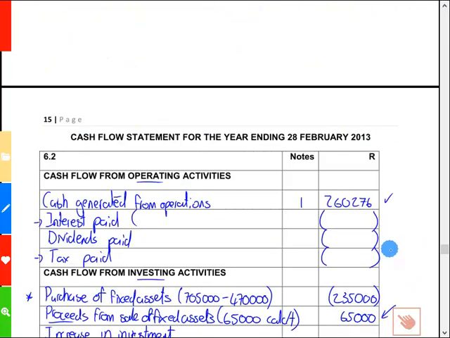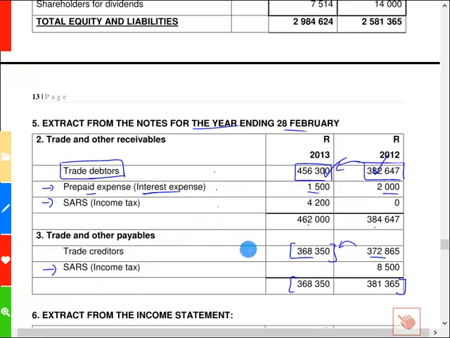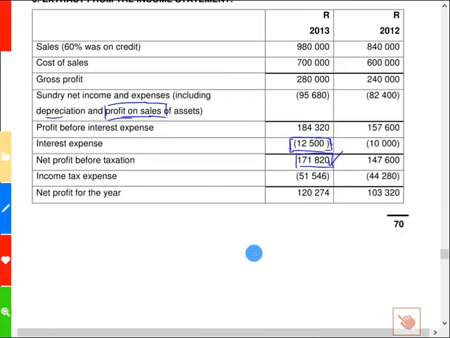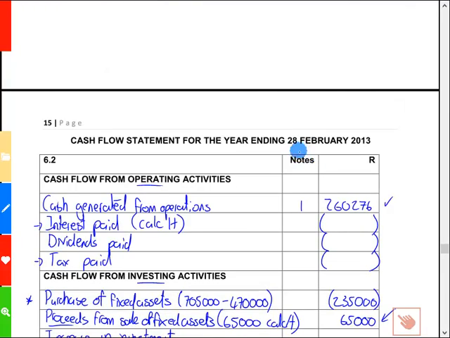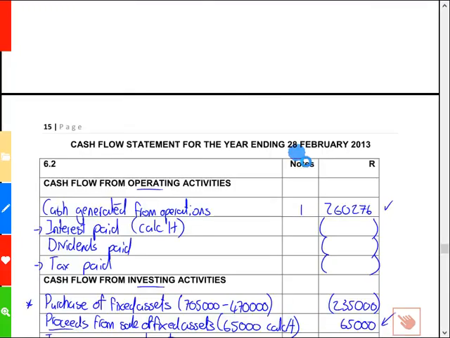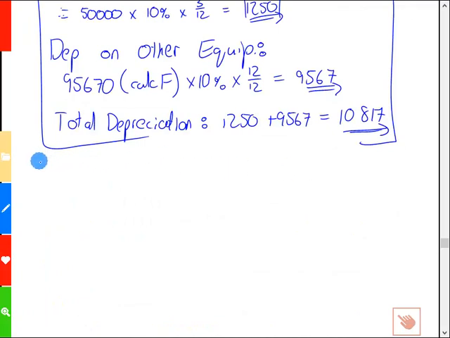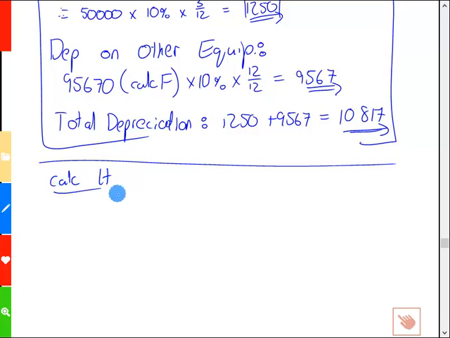Right, interest paid. Let's call that calculation number H. And let's look at all the information for interest. We know that the interest expense was 12,500. So let's do this. Calculation H, and the easiest here is to draw up your T accounts, and we're trying to find out how much interest did we actually pay.